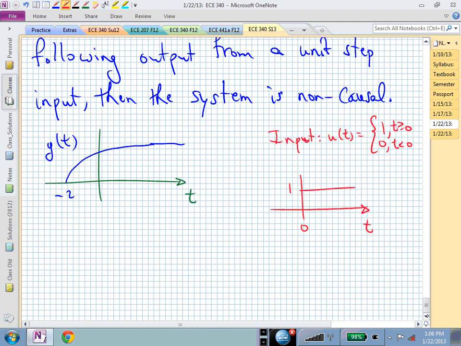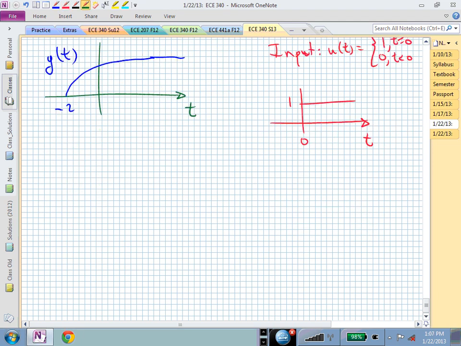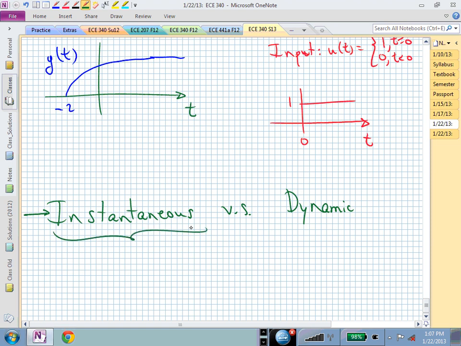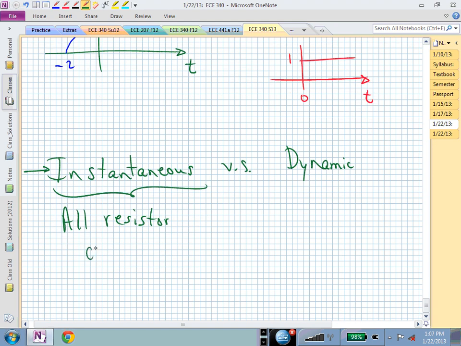We also want to be able to talk about another system characteristic, which is instantaneous versus dynamic. To keep these sort of straight, you might just think of an instantaneous system as being an all-resistor circuit.